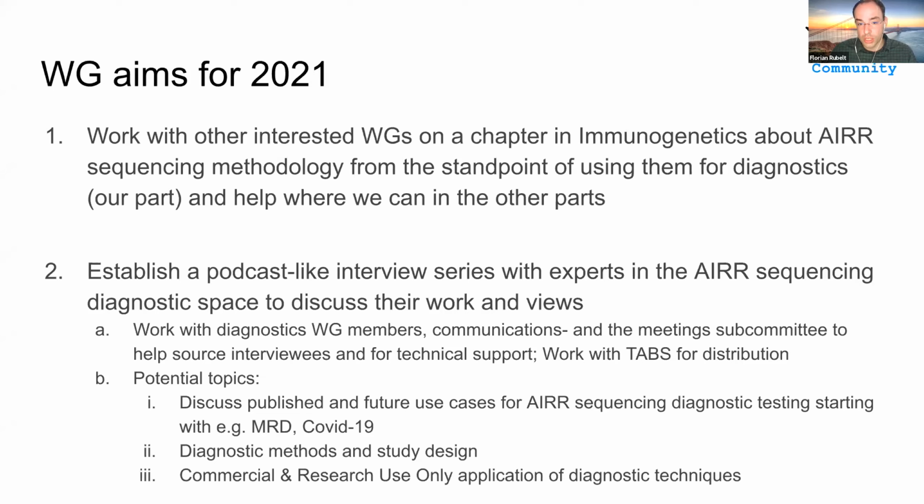So this is something we would like to contribute in the first couple of months of 2021 from the diagnostic standpoint, and of course together with a lot of other working groups, working jointly on it.